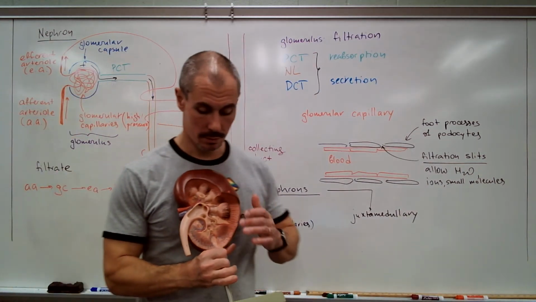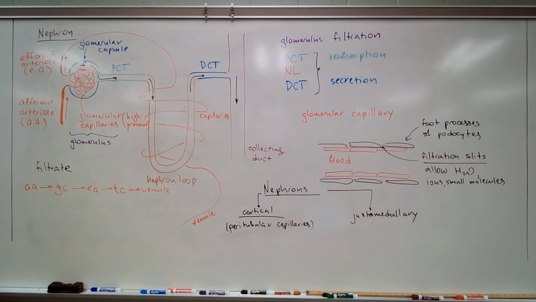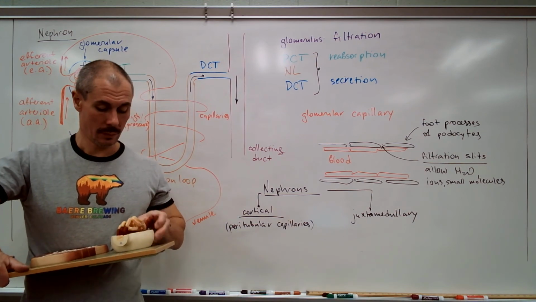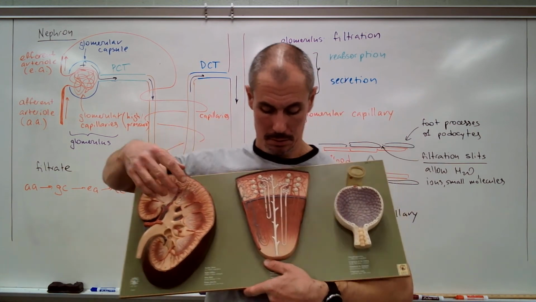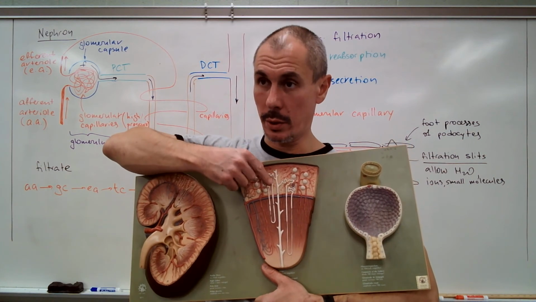Cortical nephrons are, I think I have an illustration here. So this, look, this is more of a cortical nephron. You see it is located mostly in the cortex.